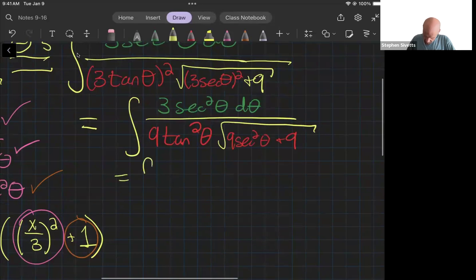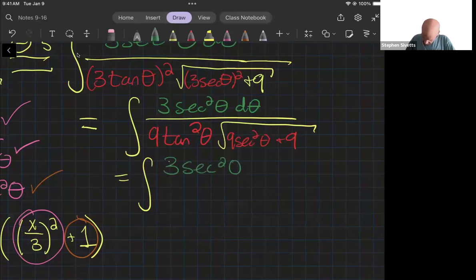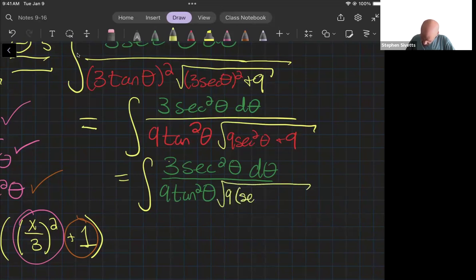So this equals the integral of 3 times secant squared theta d theta divided by 9 tangent squared theta times 9 times the square root of 9 times secant squared theta plus 1.